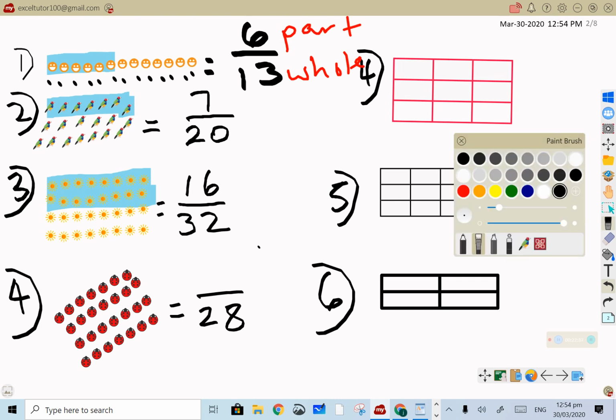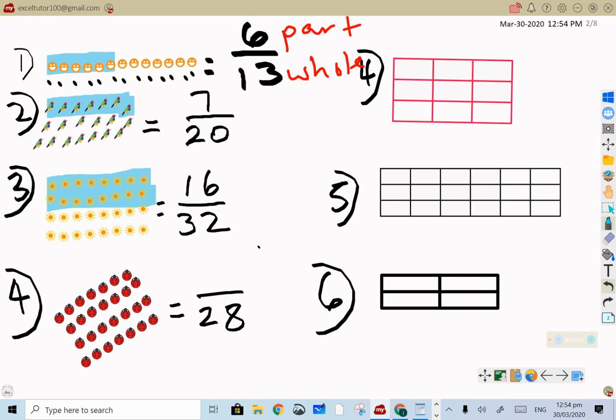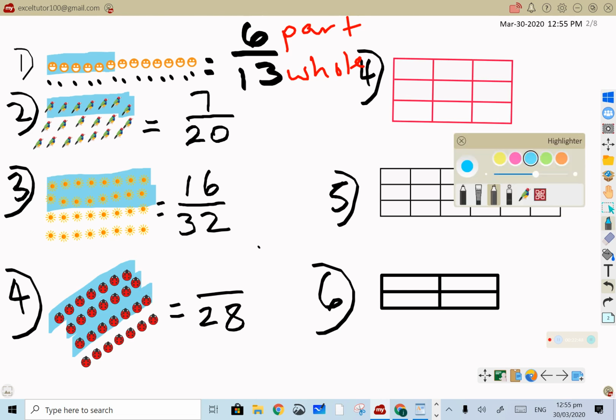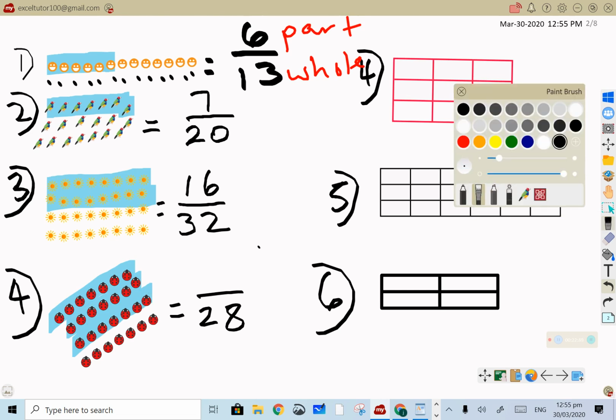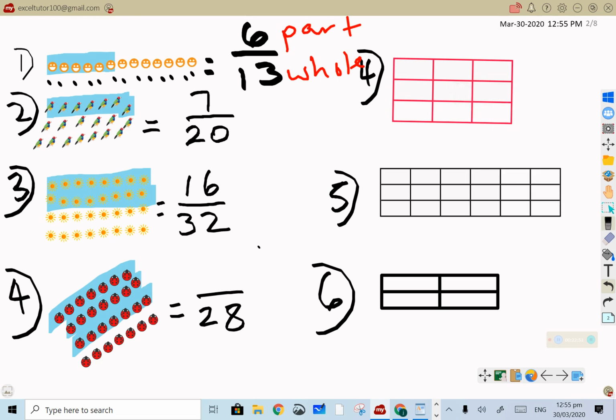And if we had to say how much was shaded, we're going to check. For the smaller kids, you can actually check 1, 2, 3, 4, 5, 6, 7, 8, 9, 10, 11, 12, 13, 14, 15, 16, 17, 18, 19, 20, 21. So 21.